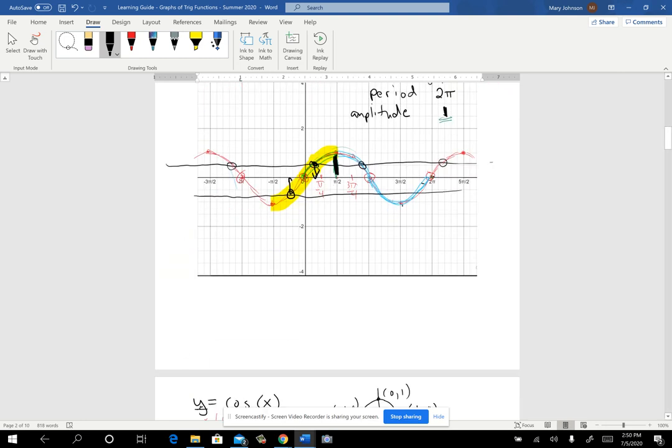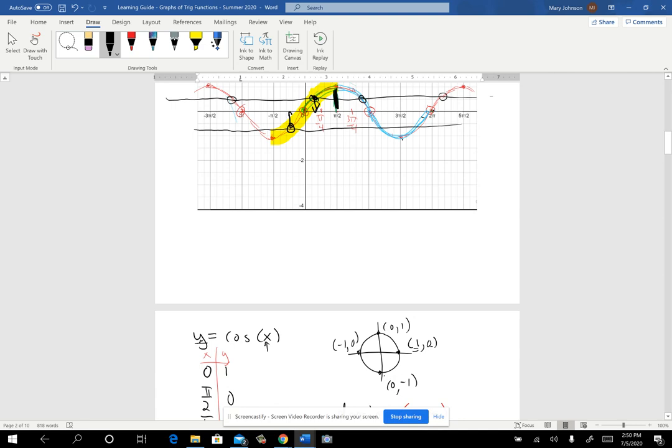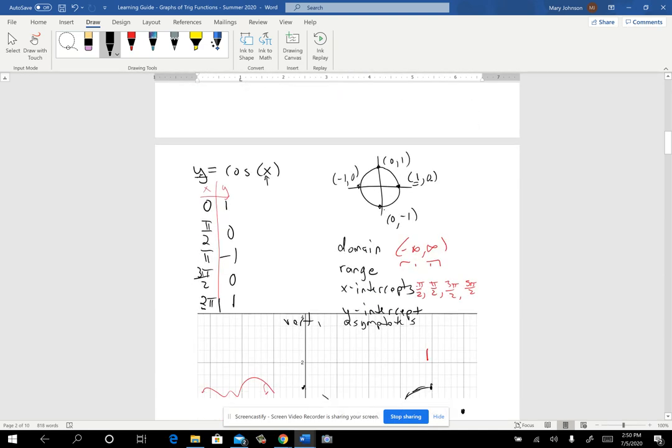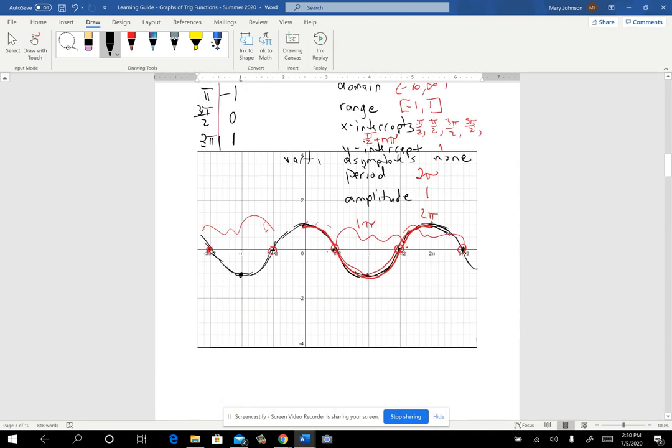We want to make it so that not only does a vertical line cross the graph in just one spot, which is what makes it a function, but also a horizontal line would only cross the graph in one spot. That makes it so the inverse cosine function would be a function. So when we do the inverse cosine of that restricted portion, we only have one angle reported back.